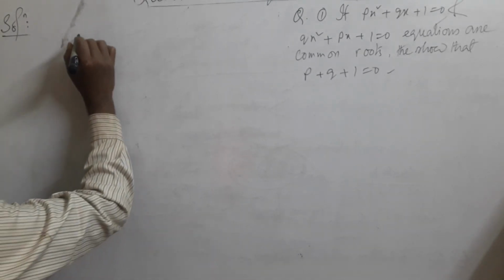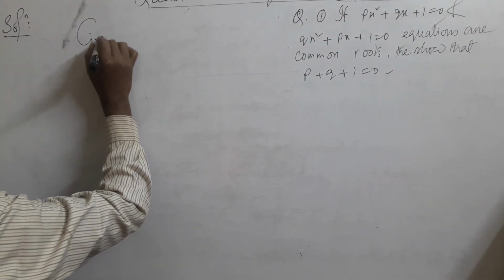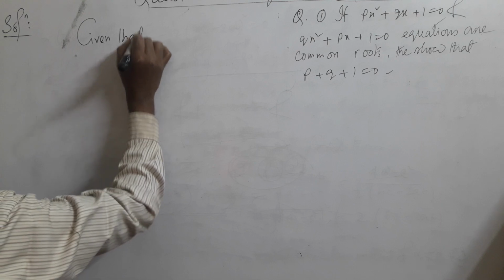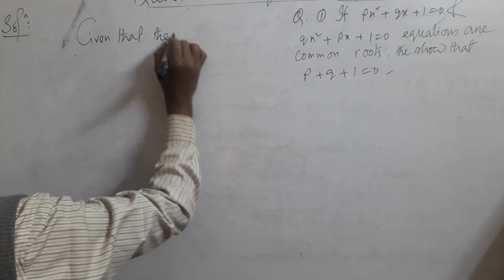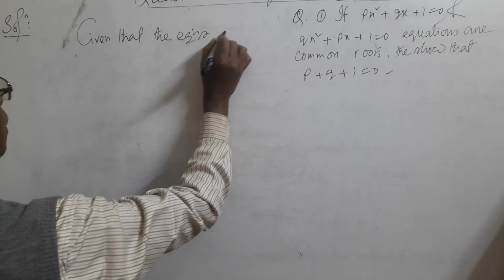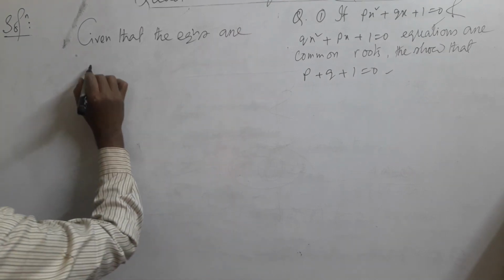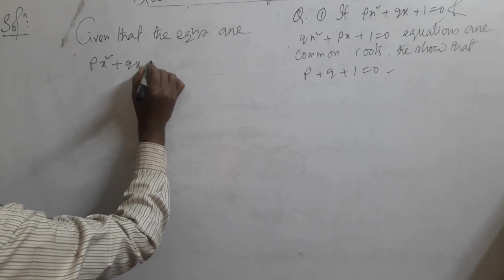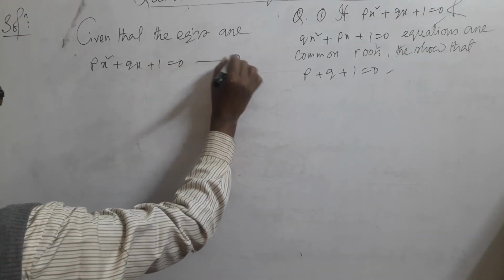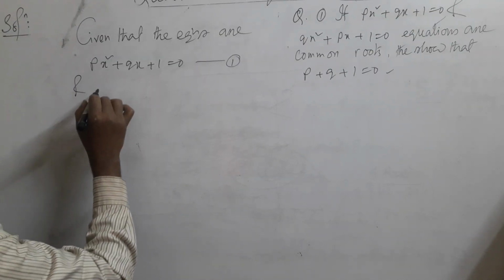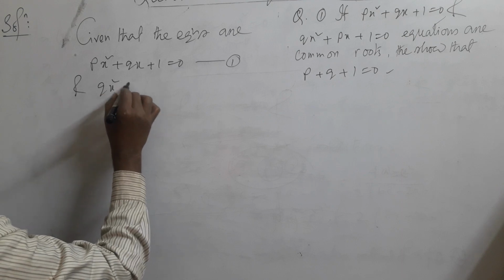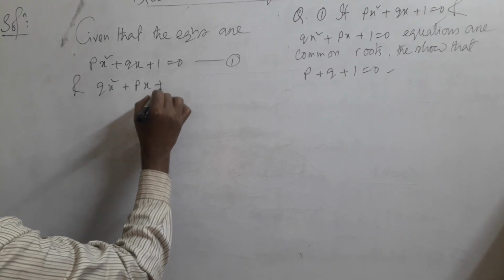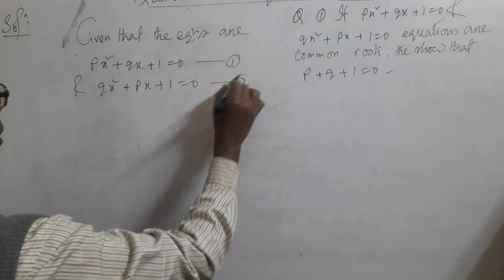So we have to solve this question. Given that the equations are px square plus qx plus 1 equal 0 in number 1 and qx square plus px plus 1 equal 0 in number 2.